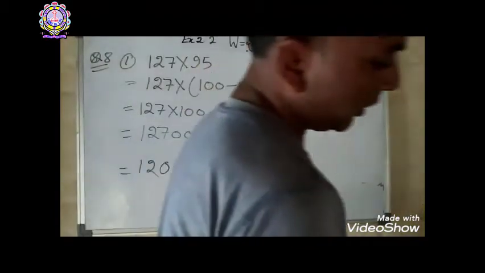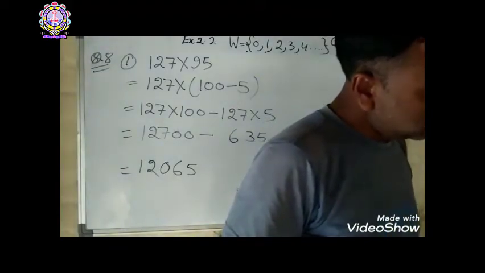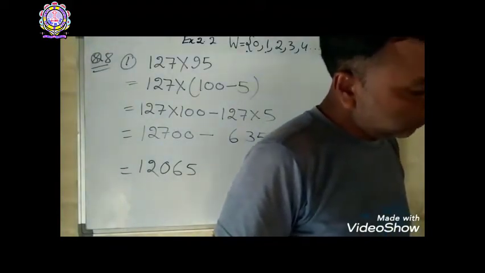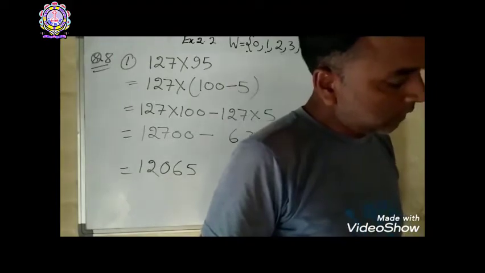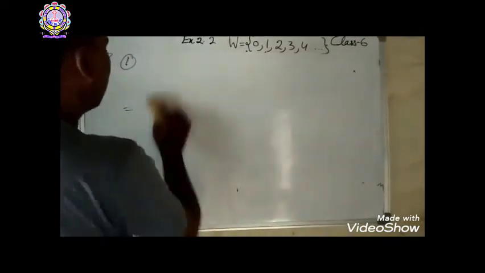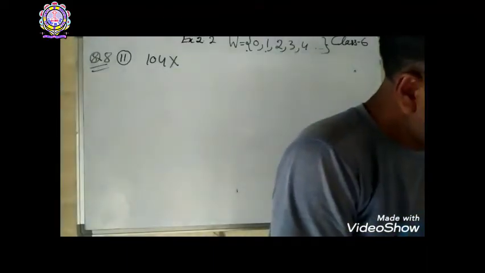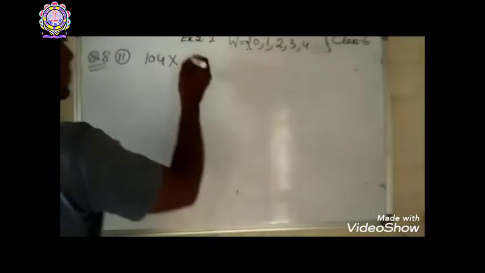Okay. Now another part of question number 8. We check the second part, 104 multiply 218.